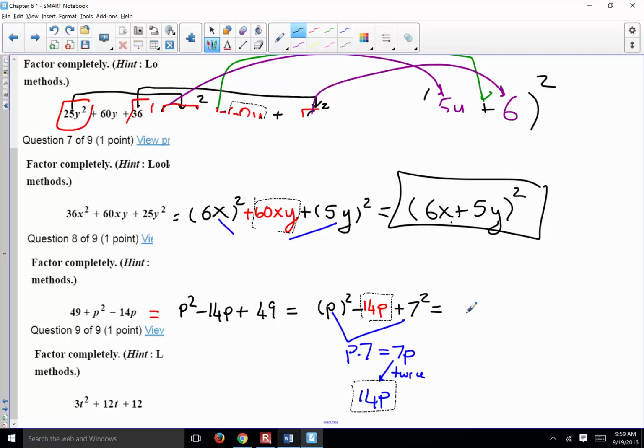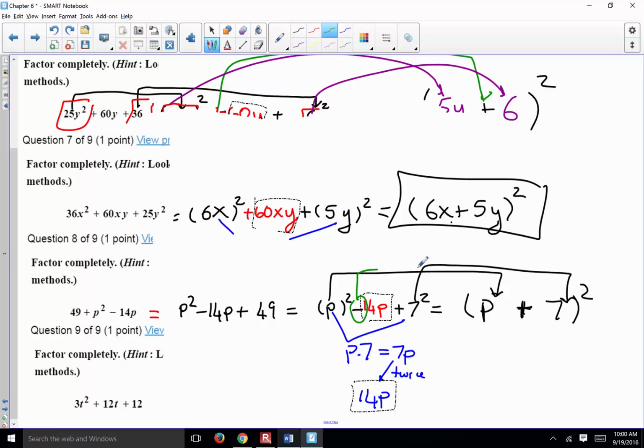So we go ahead and say p and 7 squared, oh, with a plus always, right? With a plus, correct? Am I right? What's wrong? Yeah, because the sign here is a minus. It's wrong, it has to be minus.